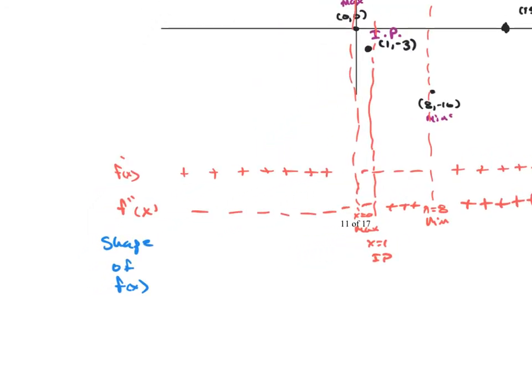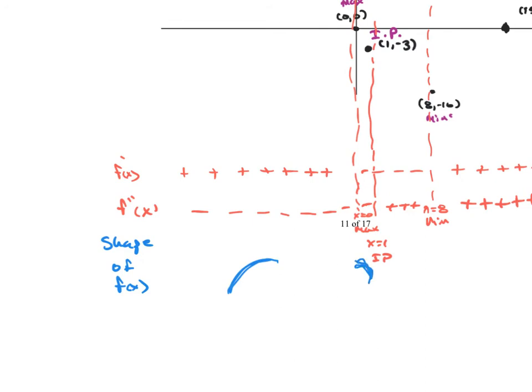Okay, on that first interval, which would be negative infinity to 0, its second derivative is negative, so it's a frown, but the first derivative is positive, so it has to be increasing. So that's going to be the left half of a frown. Second interval, second derivative is negative, I'm a frown. First derivative is negative, so now I'm at the right half of a frown.